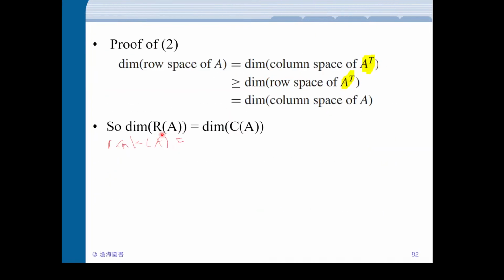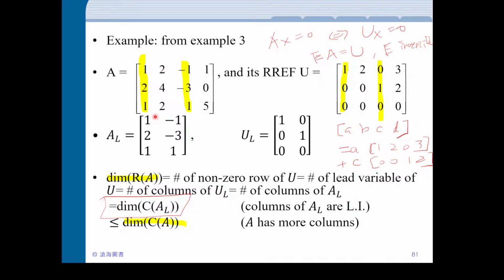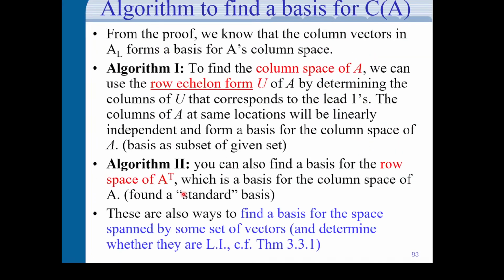And also from the other way to prove this theorem, we see a way to get the basis of your column space: you just take the transpose of your A, and you try to find the basis for the row space of your AT.